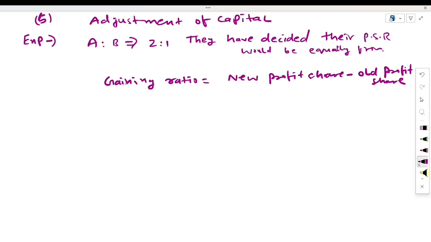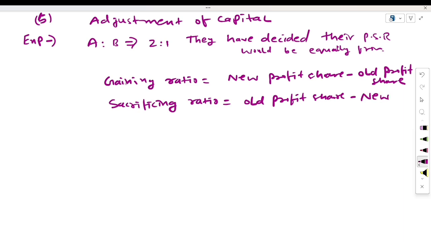And if you want to calculate the sacrificing ratio, just the opposite formula we will use here: old profit share ratio minus new profit share ratio. This formula we will use for sacrificing ratio.